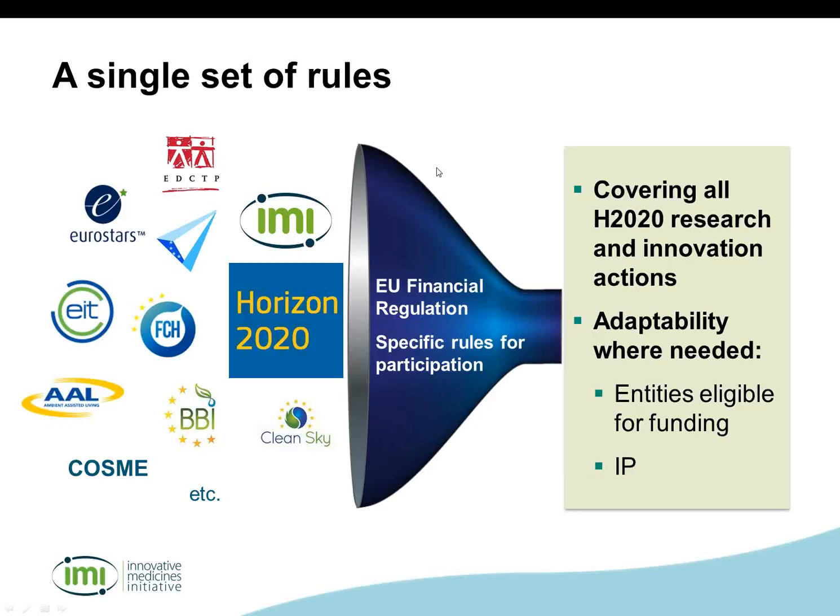This is the reason why today the IMI2, like any other initiative, like other JUs, will be subject, as far as possible, to the rules for participation of H2020. However, in our case, IMI2 has got a derogation concerning eligibility for funding and intellectual property rights. We will look at them in a second.